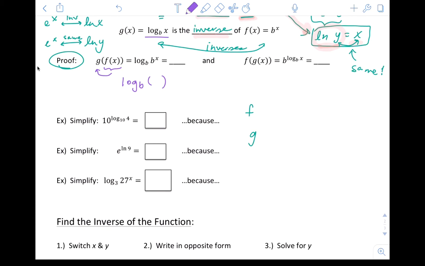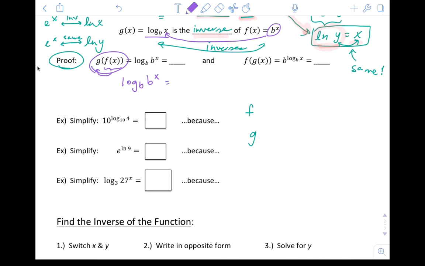And in the x spot is where I'm going to put in the f function, b to the x. See? That's a b. That looks terrible. I'm sorry. I'm just putting this here, and that is proving that they're inverses by using composition of functions.